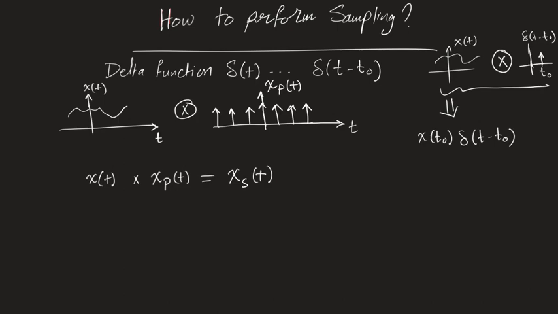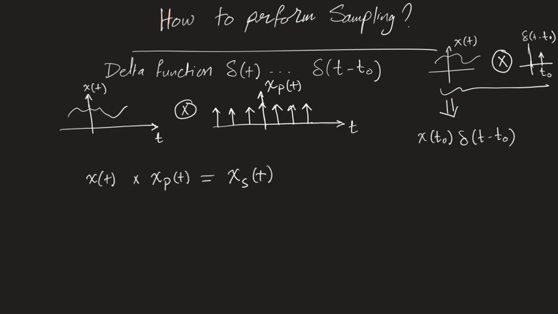Why is this the case? Look at what happens when you multiply the deltas with the continuous time signal. What's going to be the result? Discrete values of this function. Exactly. You picked the values of the function only at the locations of the deltas, and you scaled the deltas with those values. So this is a very good representation of a sampled version of the signal.